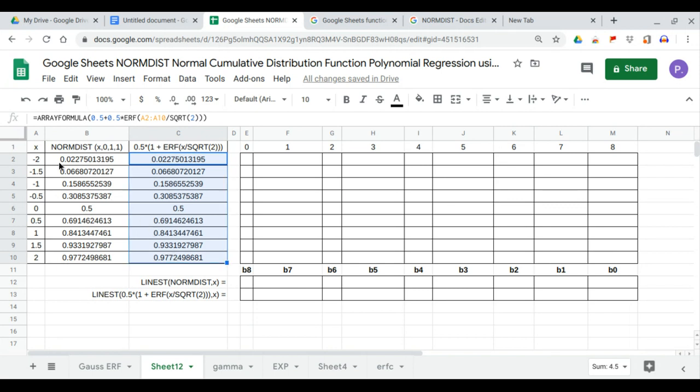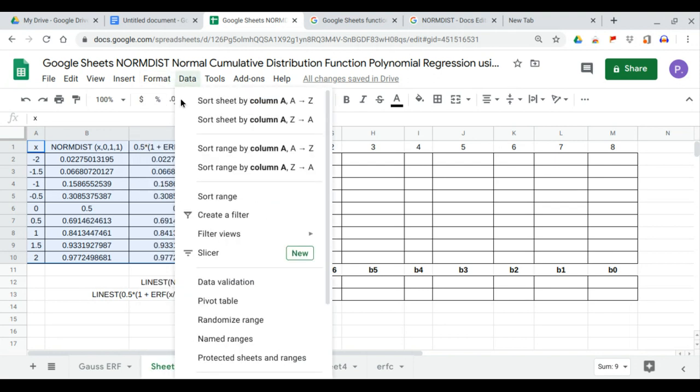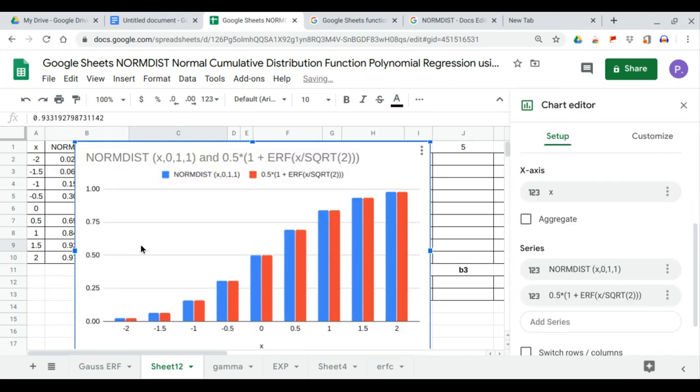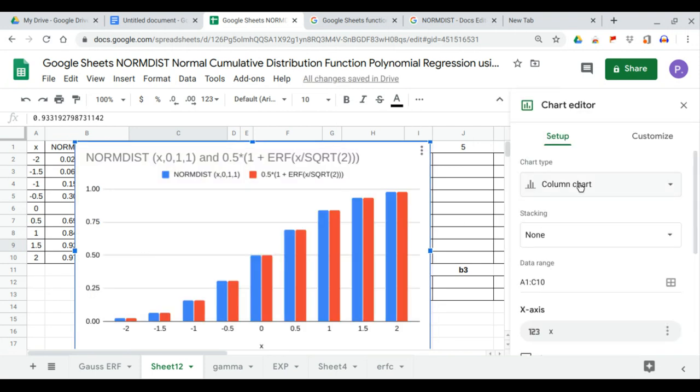We can chart this and regress it to its maximum. So we insert the chart, and we use the scatter chart.